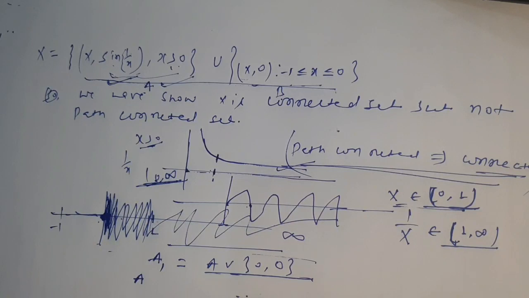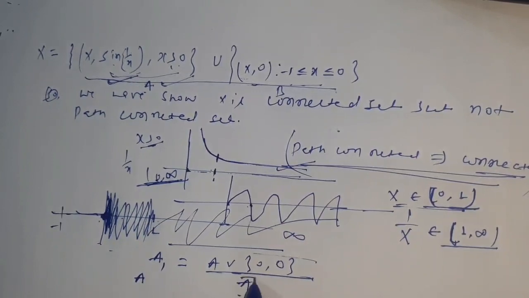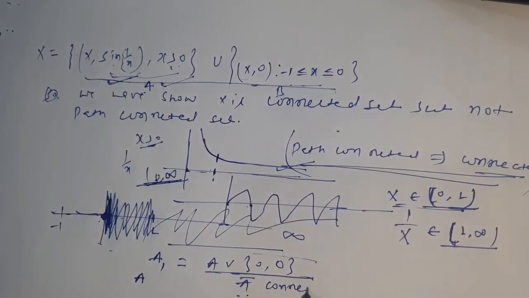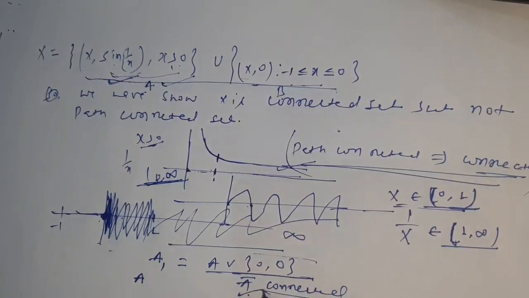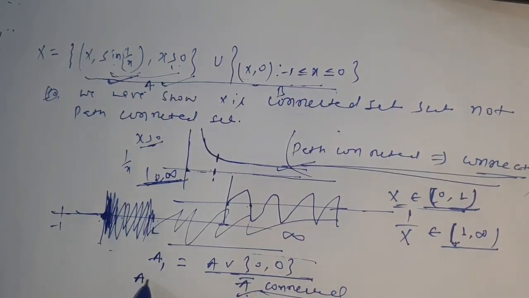I have discussed this result in previous videos, so I am telling you again to first watch that video to understand, because I will use many results of that video here. So if A is connected, then the closure of A is also connected. This is a standard result for solving many problems, so you can use this result.